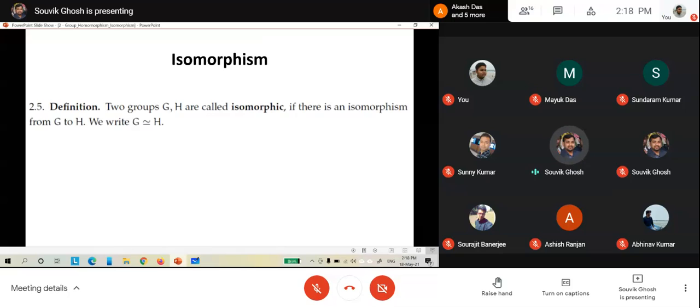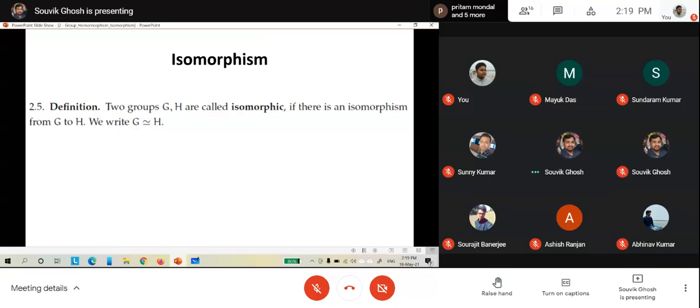Then we say that these two groups are isomorphic to each other. Then we write that G is isomorphic to H using this symbol, which is the symbol to represent isomorphism.